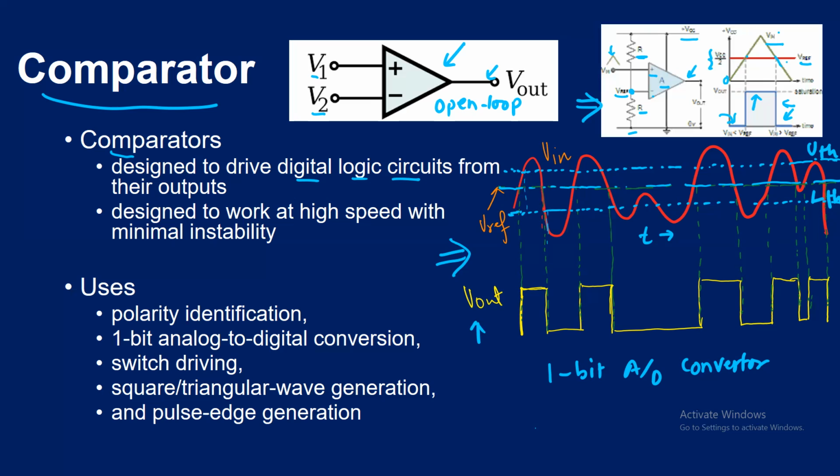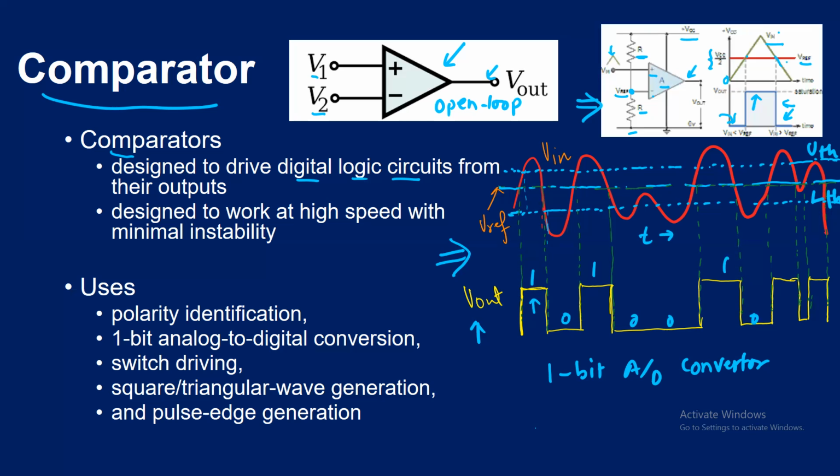If your input is above the reference level, the output switches to the positive level, that is logic 1. If the input voltage falls below the reference, the output is switched to 0. This cycle continues as long as the input signal is present.